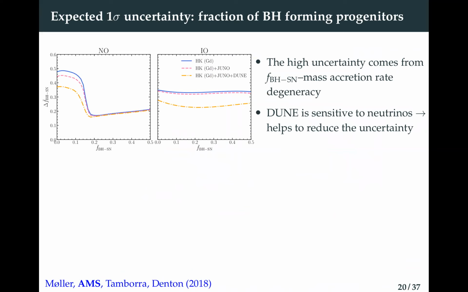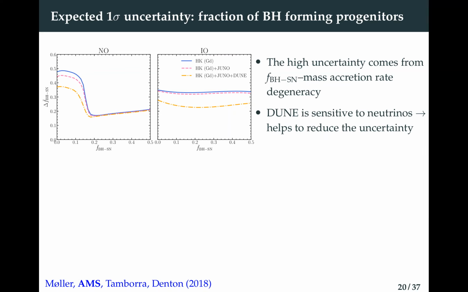And we did a study to see if we can actually constrain the fraction of black hole forming progenitors and the cosmological supernova rate using the detection of the DSNB in 20 years of Hyper-Kamiokande, JUNO and DUNE. We get 1 sigma uncertainties ranging between 50 to 20%, depending on the conversion scenario in our progenitor and also which detectors we have. DUNE is very good at lowering the uncertainties because it gives us a different detection channel.